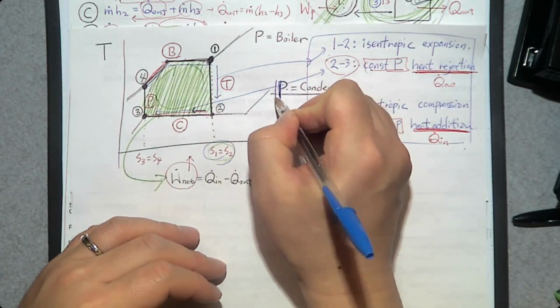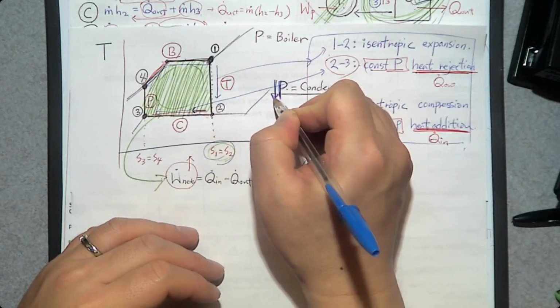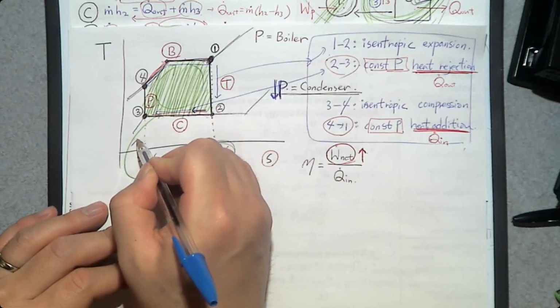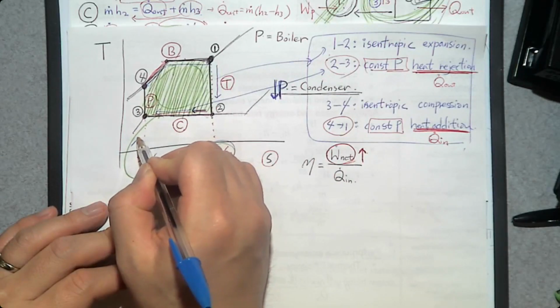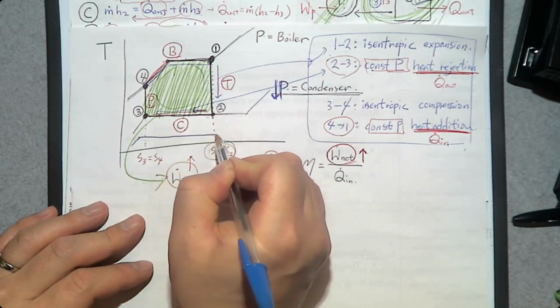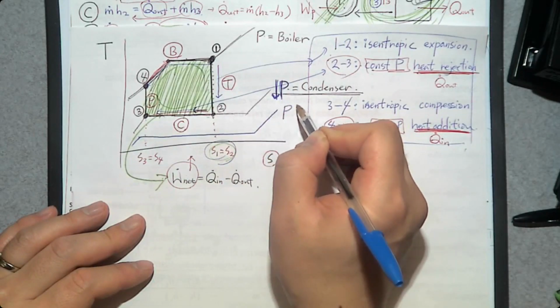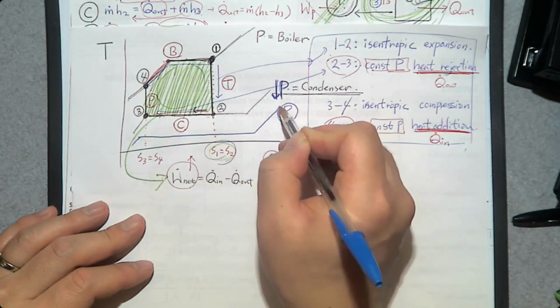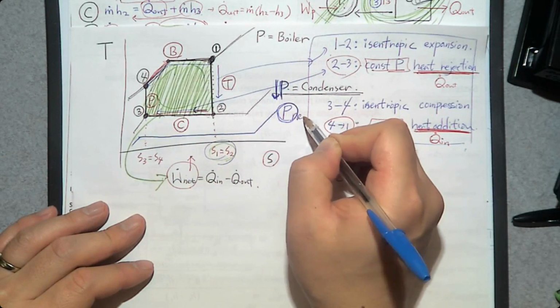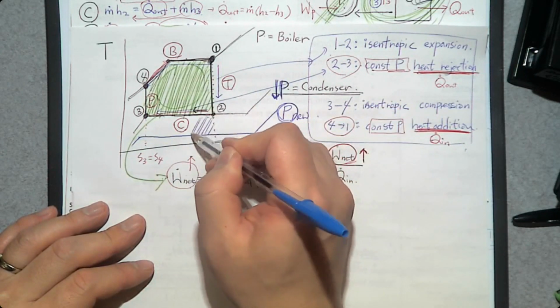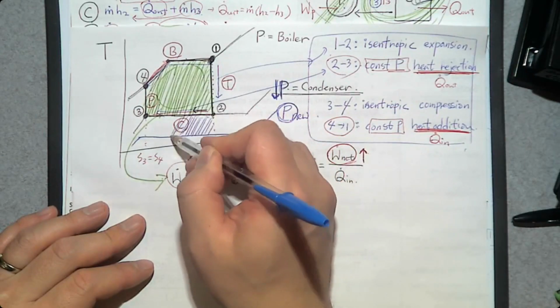So if we decrease the condenser pressure, then this line forms below here. So this is new condenser pressure, new, then the enclosed area can be increased by this much.